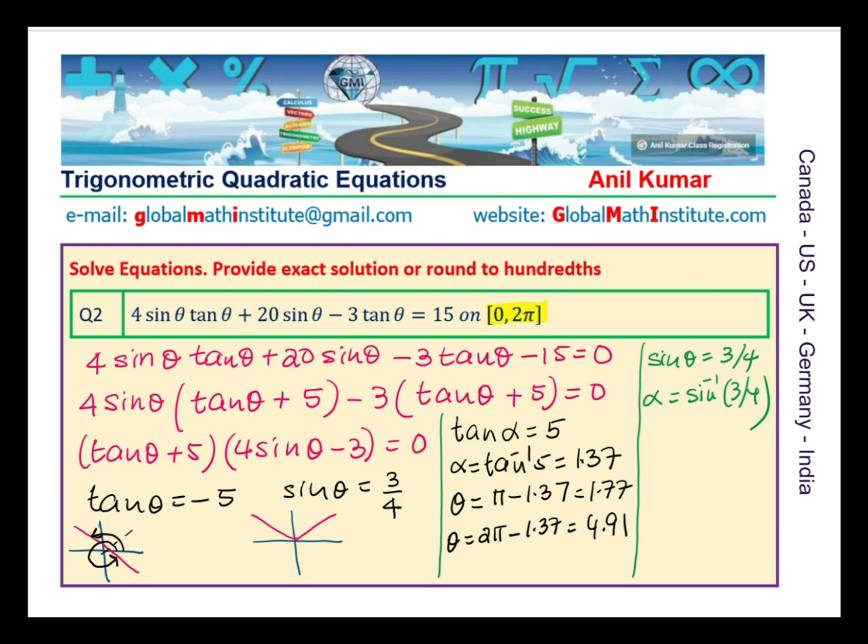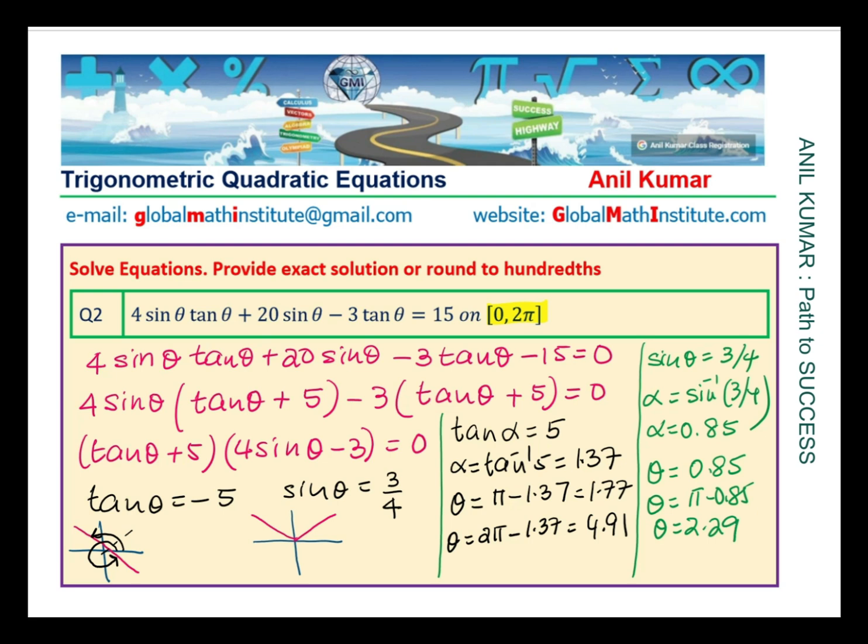I'm going to write this as 0.85. So alpha is 0.85. So the two angles for theta will be one in quadrant 1, which will be 0.85, and the other one will be pi minus 0.85, correct? Or is equal to, let's calculate, pi minus 0.85 gives us 2.29.